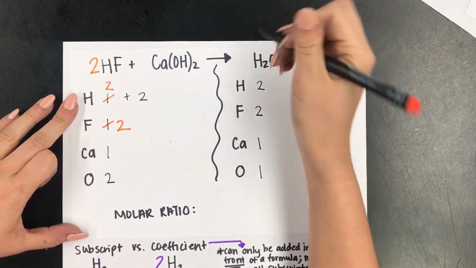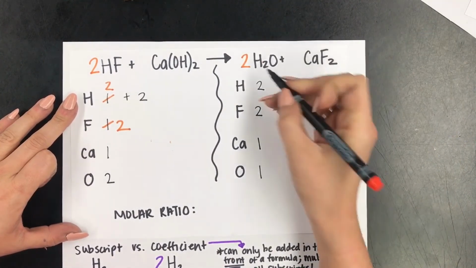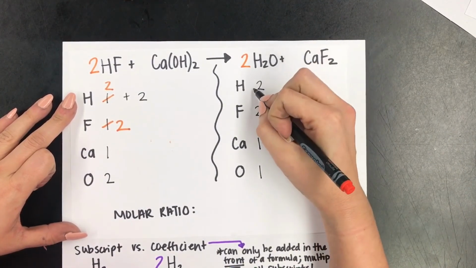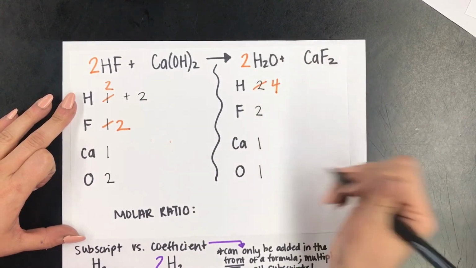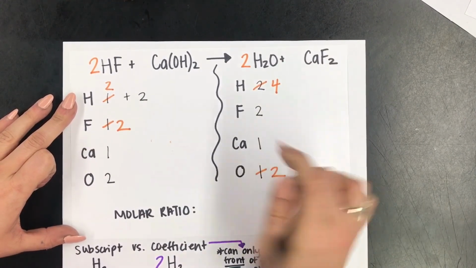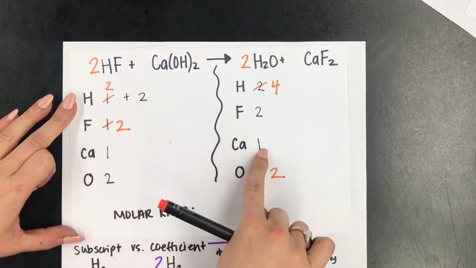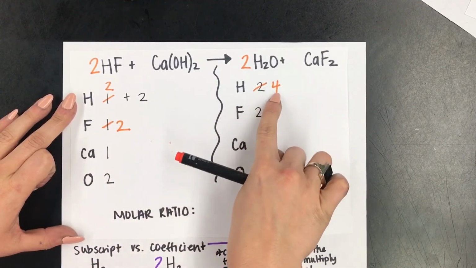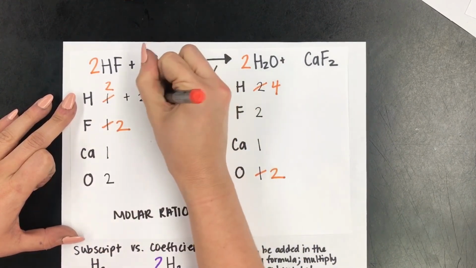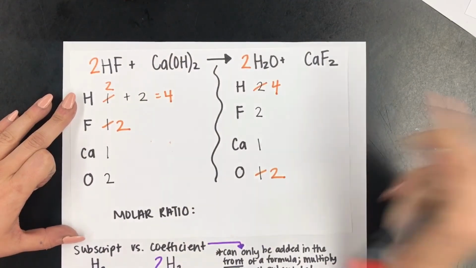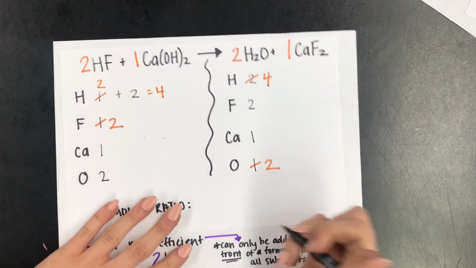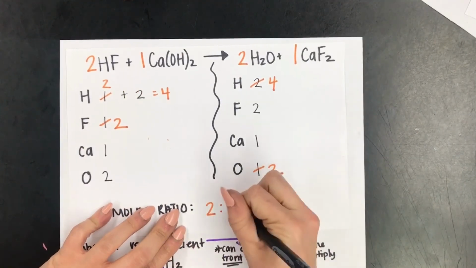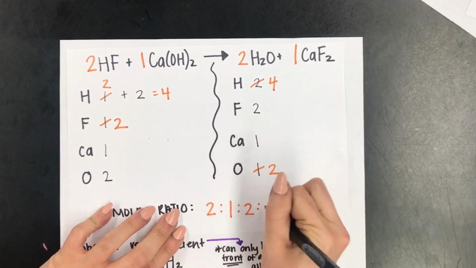Find oxygen in the problem. 2. Distribute. 2 times 2. There's only 1 hydrogen on this side, so that's 4. 2 times 1, 2. Even, even, even. There are 4 here. 2 plus 2, even. They don't have numbers. That means they're understood ones. My ratio, 2, 1, 2, 1.